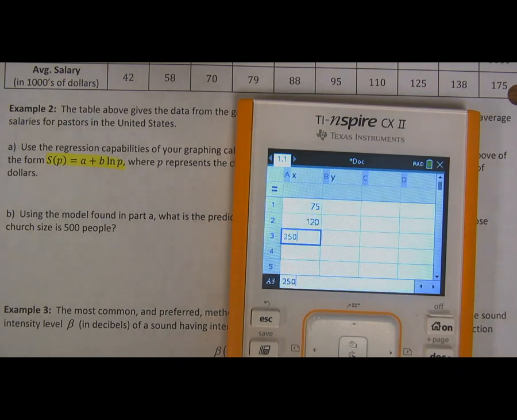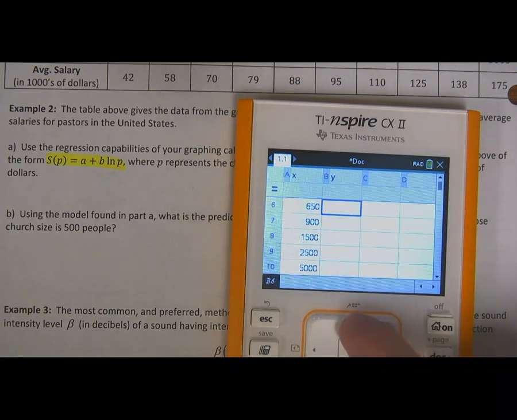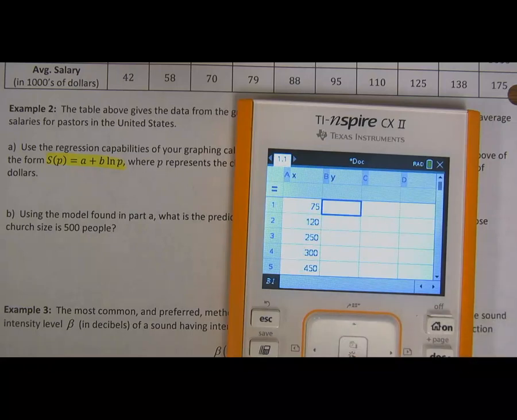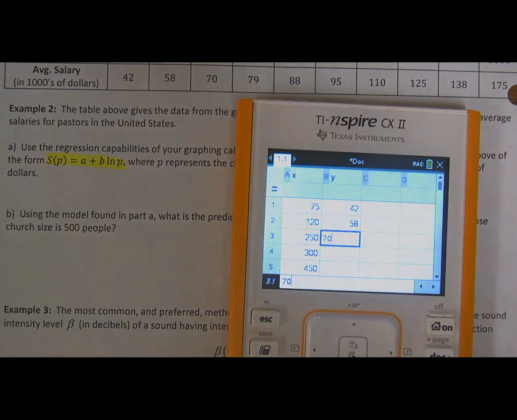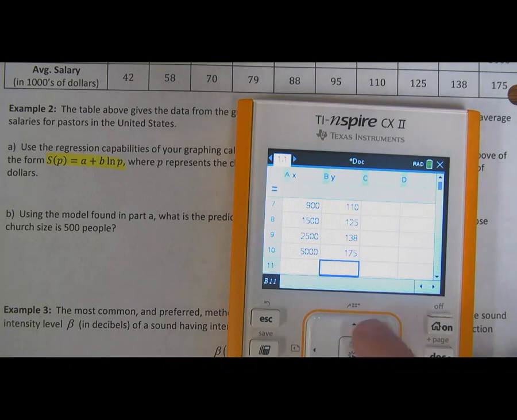It's not a race. And then when you have it, just glance over and make sure everything looks good.